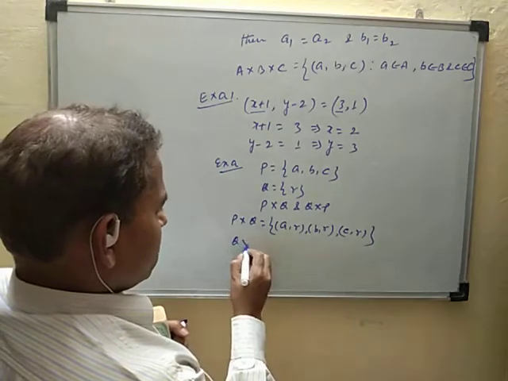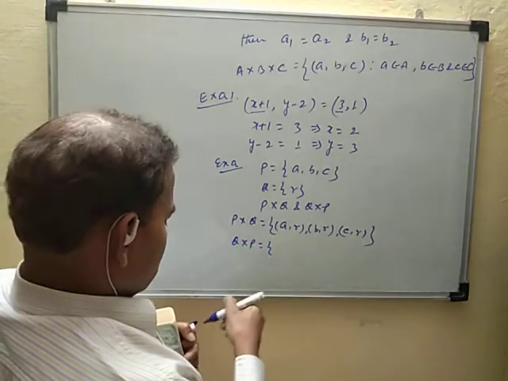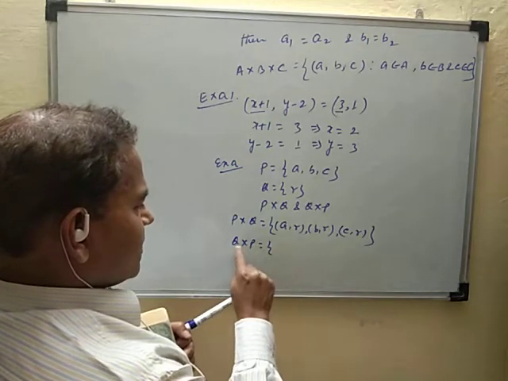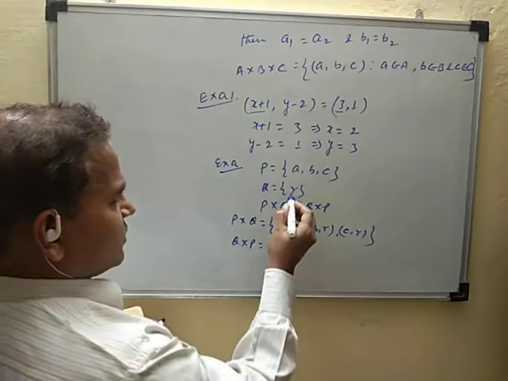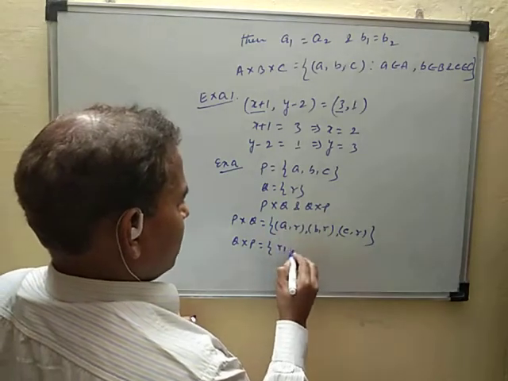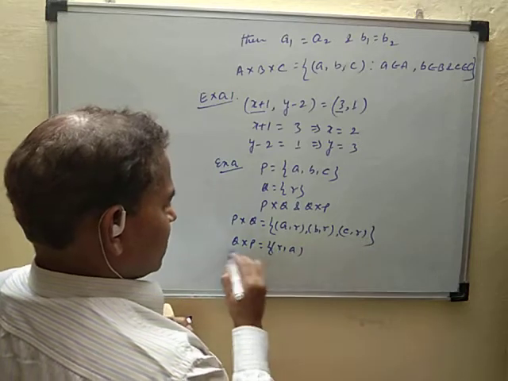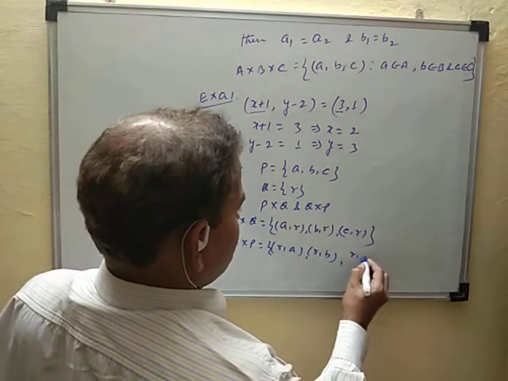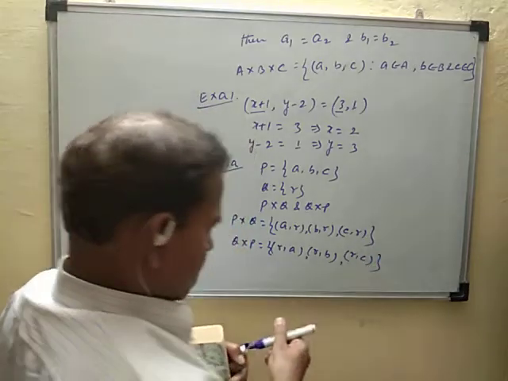Now find Q cross P. Here the first entry of the cross product of Q and P is from Q. So what is the first element of Q? R. So RA, next RB, next RC.